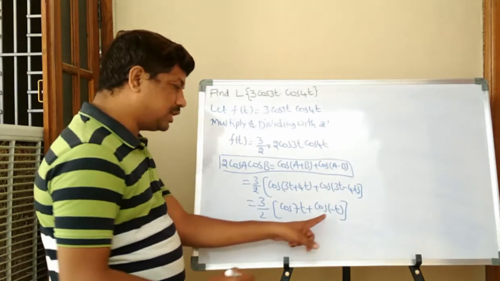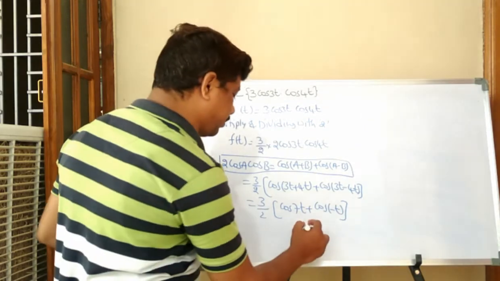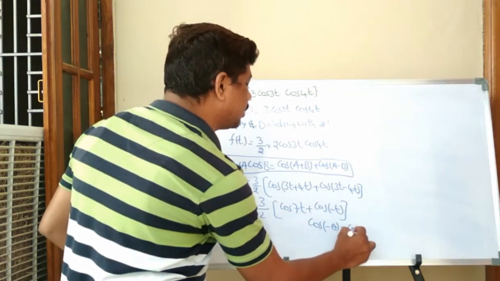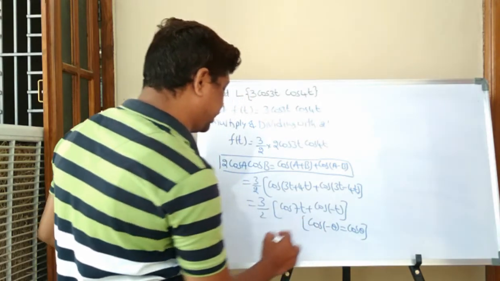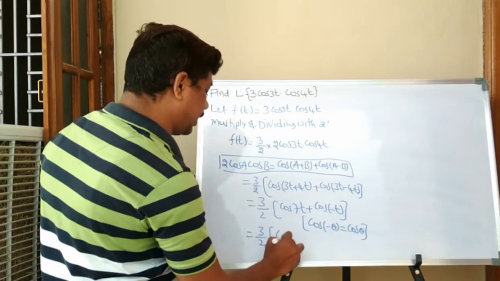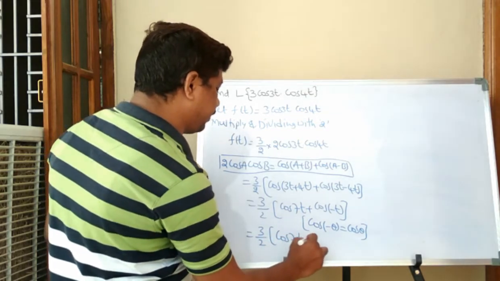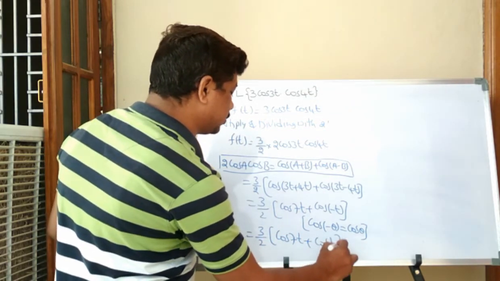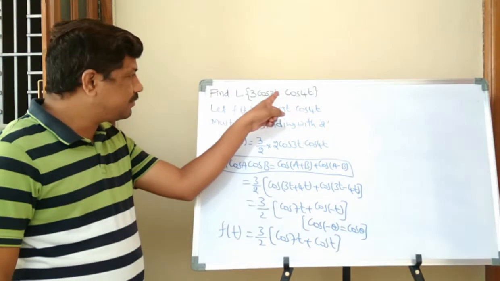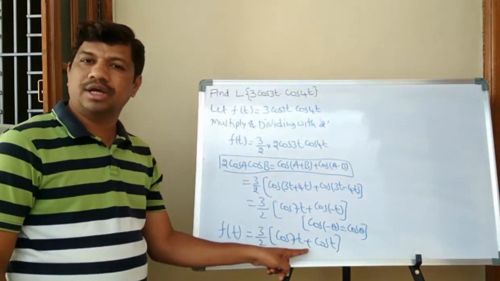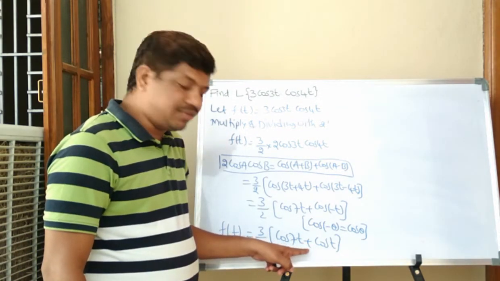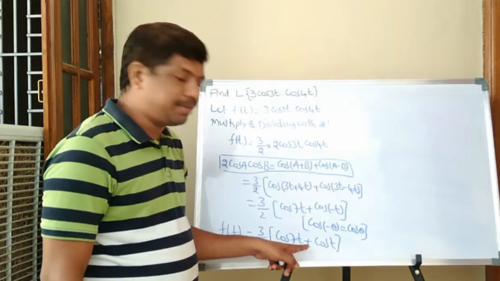But we know that cos of minus theta is equal to cos theta. So I write here 3 by 2 into cos 7t plus cos t. So this is f of t. That means the given function is now written in plus or minus form. Then I can apply the linearity property, right?